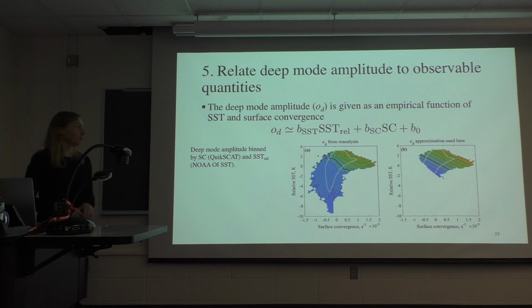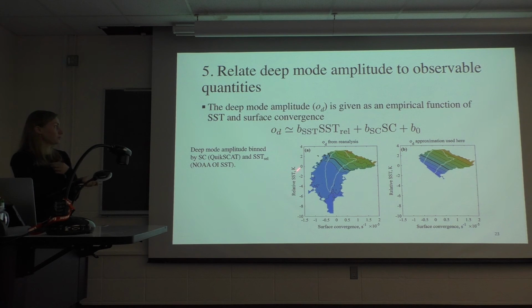What do the colors indicate? Sorry, I lost my color bar. Yellow is more positive deep mode amplitude, the black contour is the zero contour, and blue is more negative. What we're seeing here is that where there's lots of surface convergence and high relative SST, there's lots of deep convection, or more likely to have a high deep mode amplitude, and that tapers back as the surface convergence goes down and as the relative SST goes down.